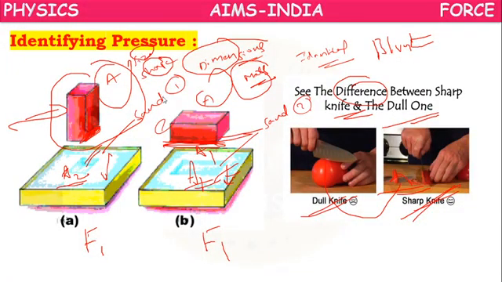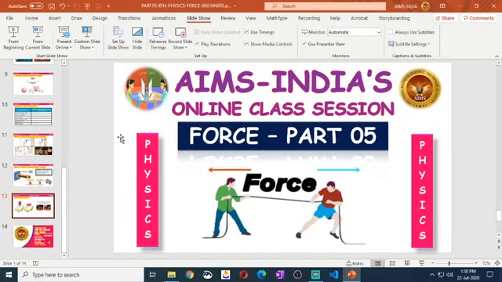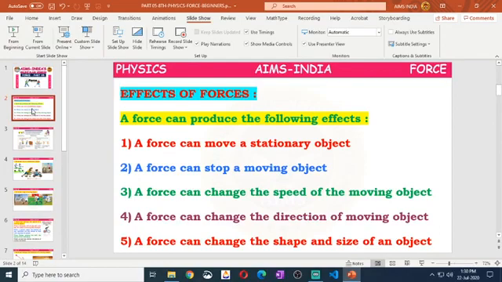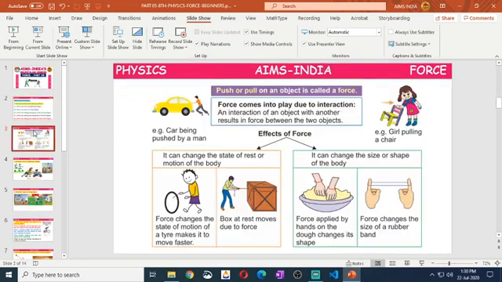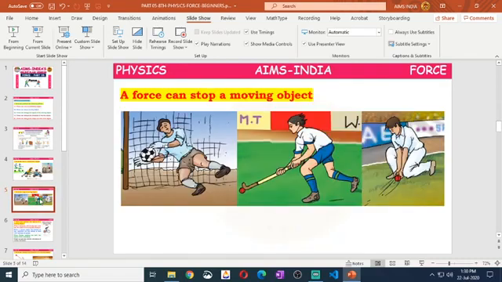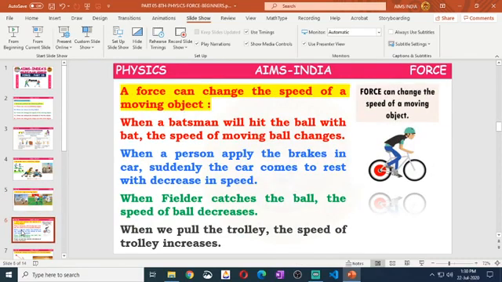So what have we learned today, children? We have learned the effects of forces. Force comes into play due to interaction. It can move a stationary object. It can stop a moving object.